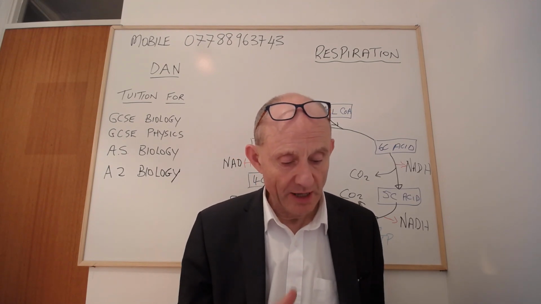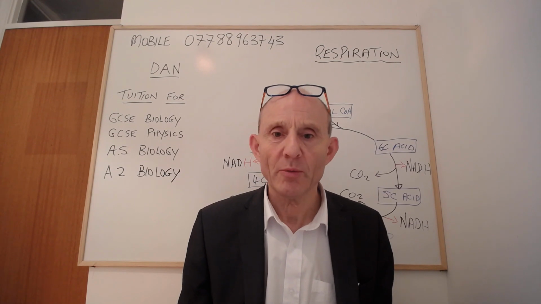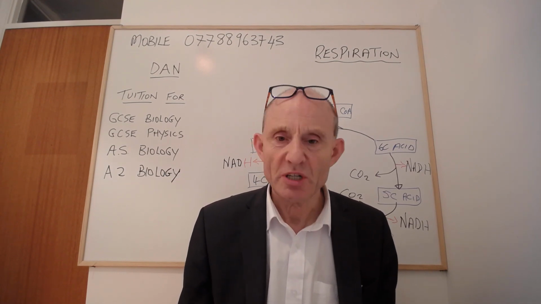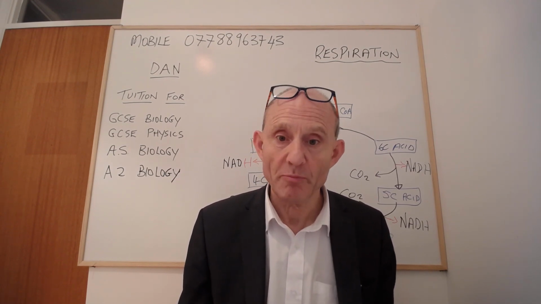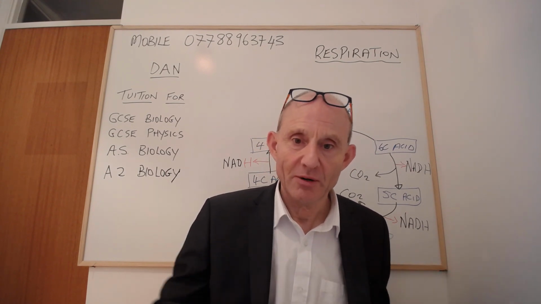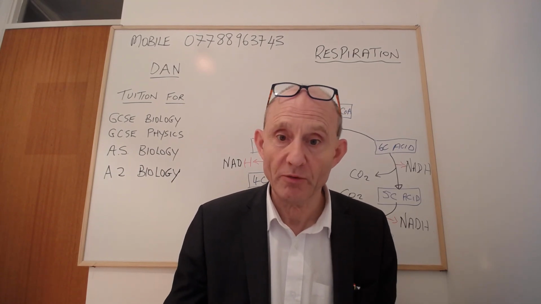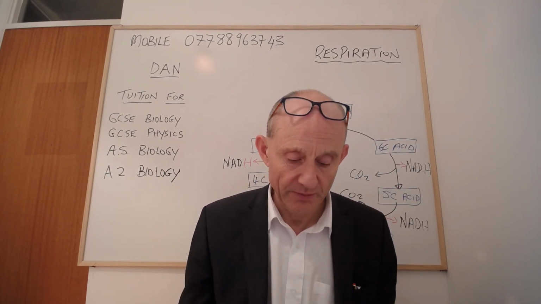And then it asks just about what the pathway is called. By the way, pathway is just another word for stage. Like glycolysis is a pathway, and the link reaction is a pathway, and the Krebs cycle is a pathway.